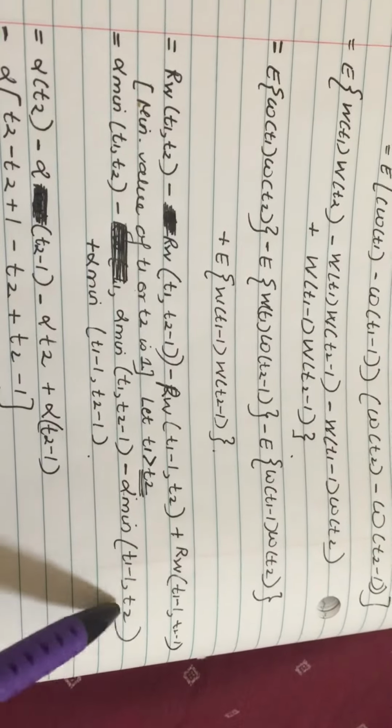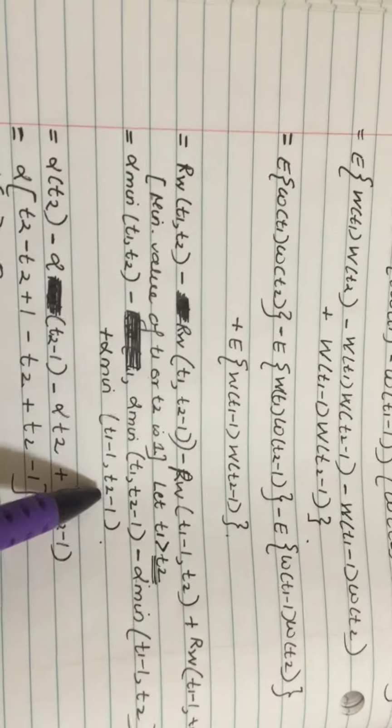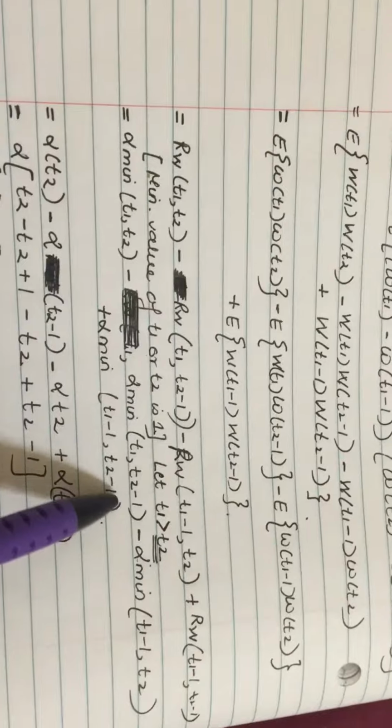So now you keep a difference of more than 1 between the two values and say this is 5 and this is 2. So 5 minus 1 and 2 is going to give you (4, 2), and you're basically getting alpha t2. And amongst these two, since t1 is greater than t2, therefore alpha (t2 minus 1).